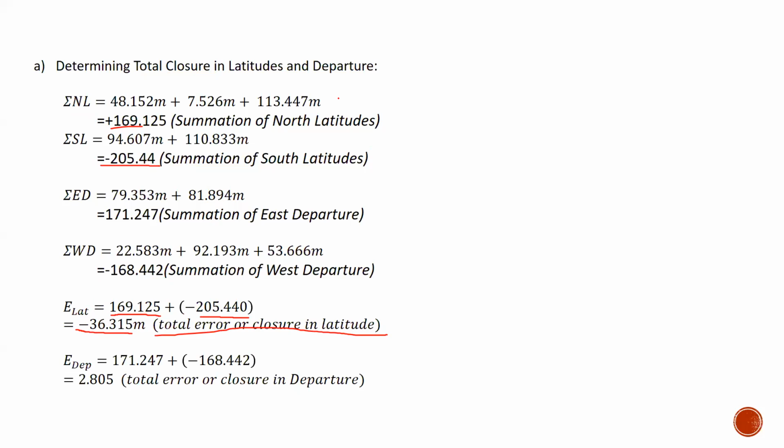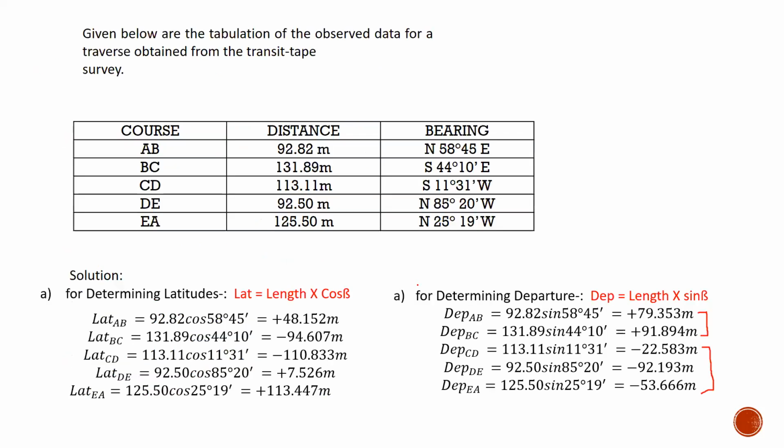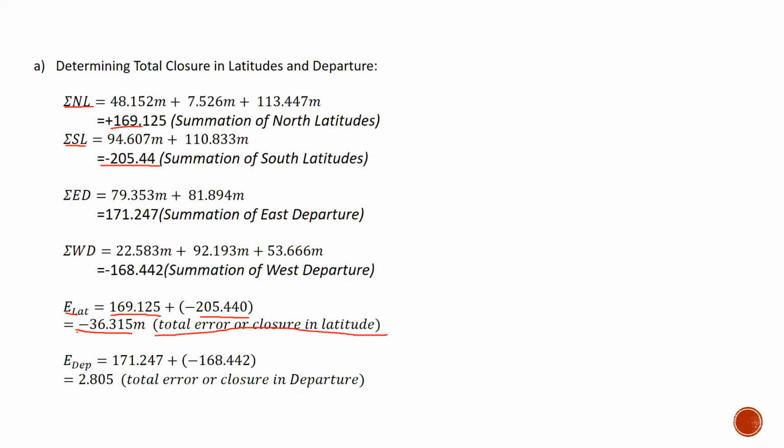This is the right way to solve the error in latitude for clarity: first add the summation of north latitude and the summation of south latitude, and then add them. What we did last meeting, we simply added them, so we get the same result, negative 36.315 meters.